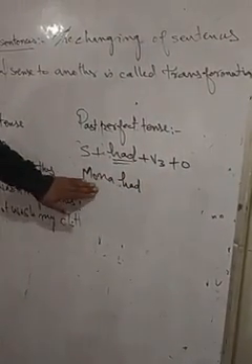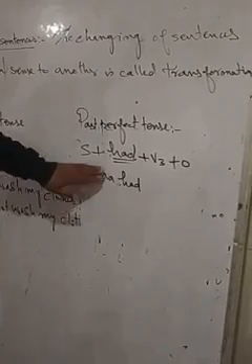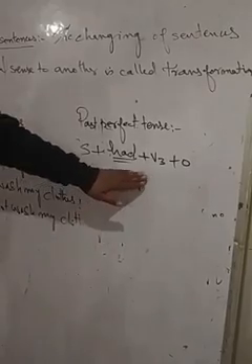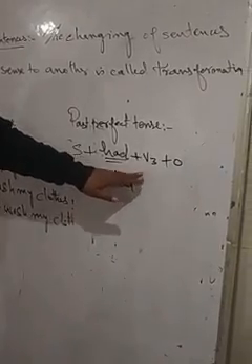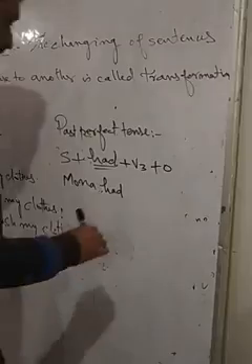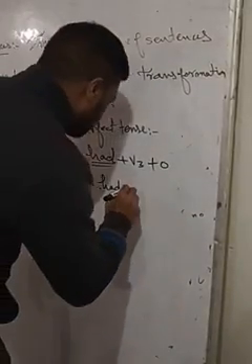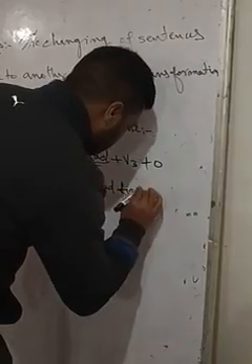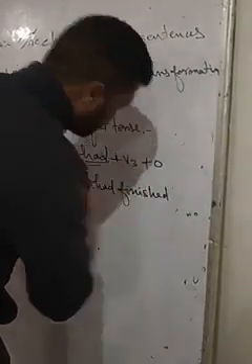Here I took subject Mona and then had as an auxiliary verb. Now, what I need is to take any third form of verb, whatever you like. Finished. Mona had finished.